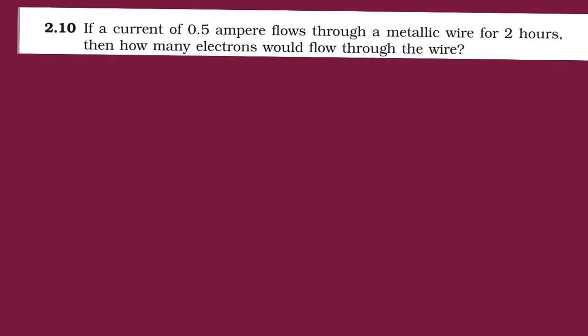Now the question: if a current of 0.5 ampere flows through a metallic wire for 2 hours, then how many electrons would flow through the wire? Now this can be calculated as 1 Faraday is equal to 96,500, otherwise exact value 96,487 coulomb.